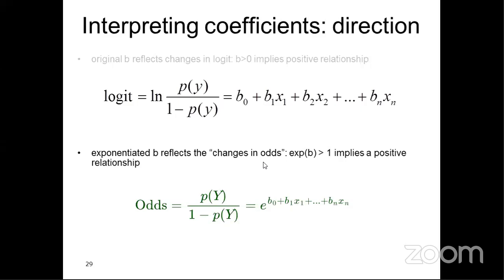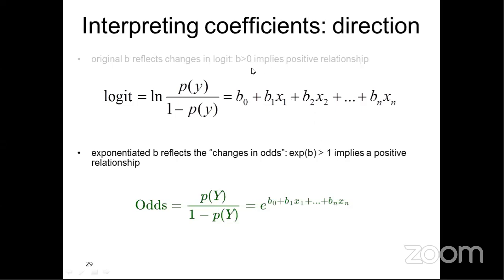How do we obtain the odds values from the Logit coefficients? You have to exponentiate your coefficient. If the exponentiated value of B is greater than 1, you have to interpret it as a positive effect. So carefully observe here.